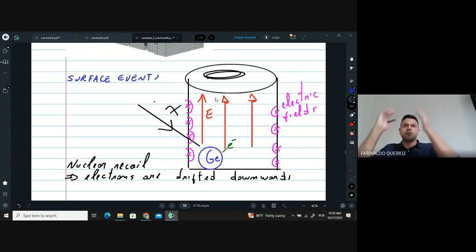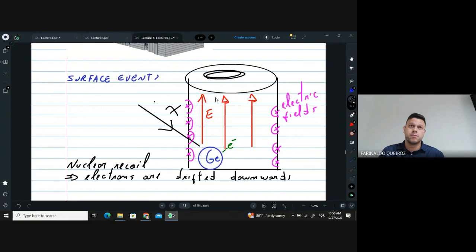It's pointing upwards. However, because these things are made of electronic materials and they produce electric fields, for some reason, at the surface of the detectors, the electric field is not fully pointing upwards. There are some small deviations towards the surface. It's what we call the boundary effects.